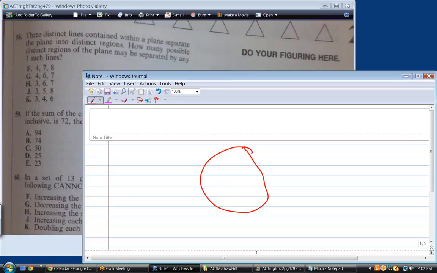All right, well, if I drew the three lines like that, I would have four sections. If I drew the three lines like, well, there's four already.